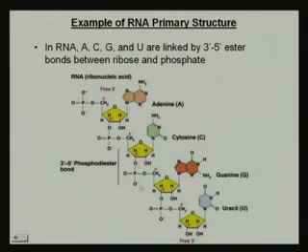Now, this is the example of RNA primary structure. Here T is replaced by U, and here these 3' to 5' ester linkages are there. So here we can say 5' A, C, G, U and 3'.